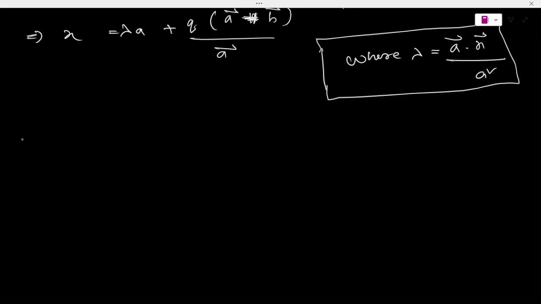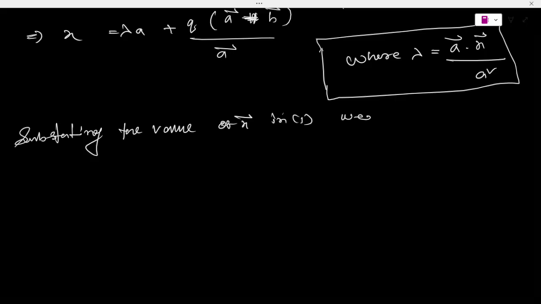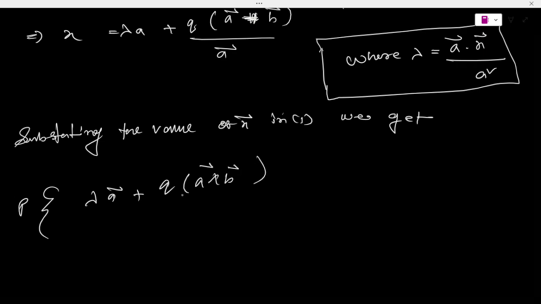Substituting the value of x vector, okay, in equation 2, we get p of lambda a plus a cross of b divided by a square, okay, plus q of y is equal to a.